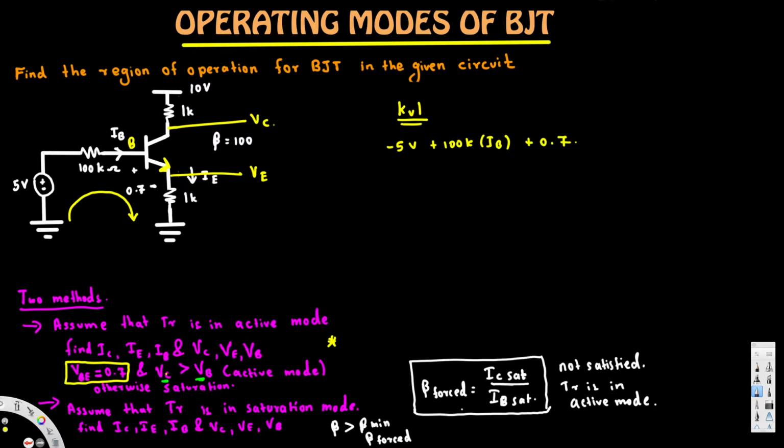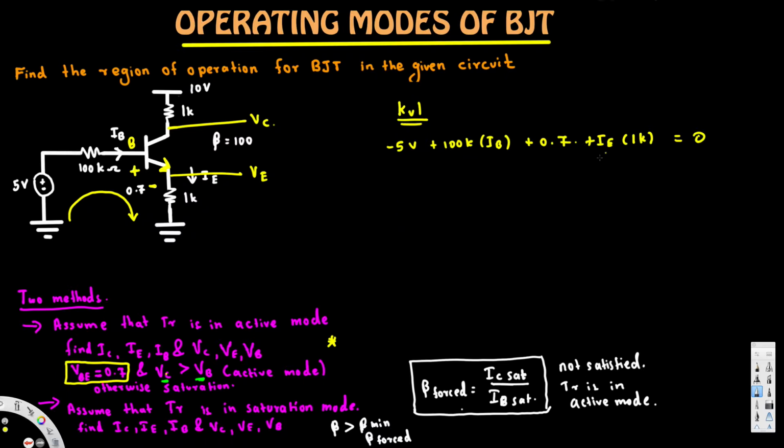This is VBE. VBE has to be 0.7 in order to be in active mode. So 0.7, and after that we have IE times 1K plus IE times 1K, and that's it. That should be equal to 0. This is the KVL around here.